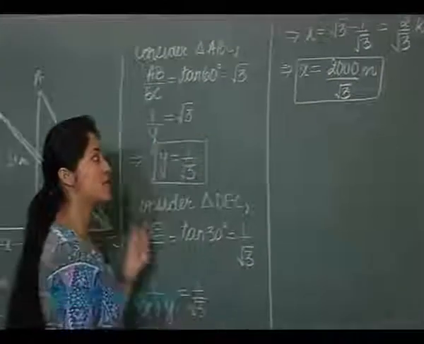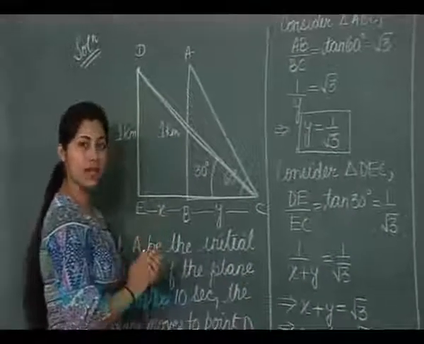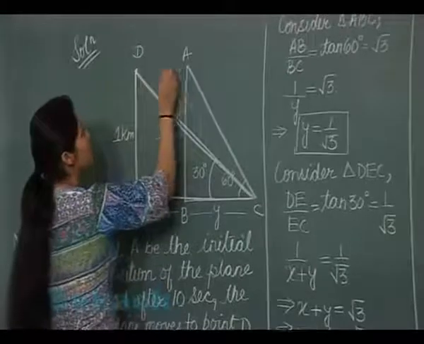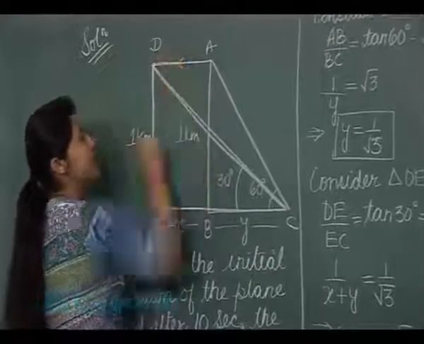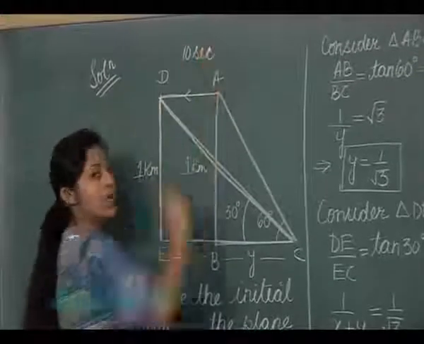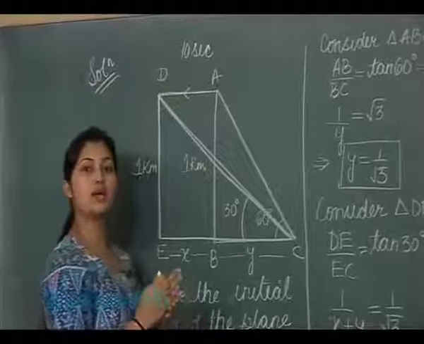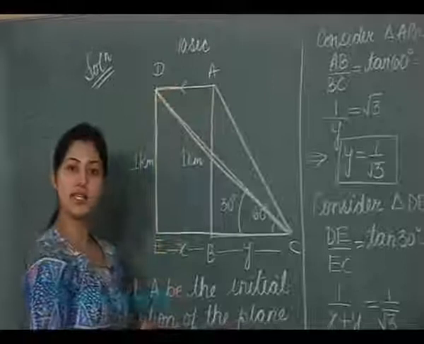Now student, just give a look at this figure. We want to find out the speed of the plane, and we know that while traveling from point A to point D, the plane has taken 10 seconds. That means the time taken by plane to travel from point A to point D is 10 seconds.